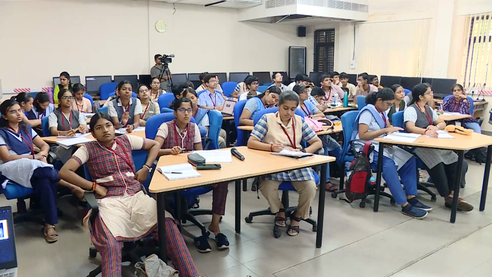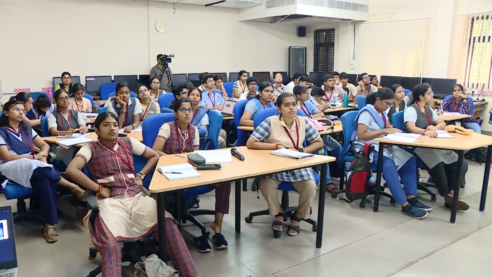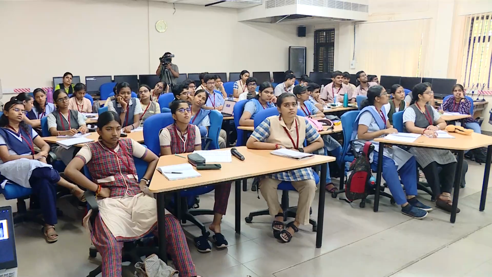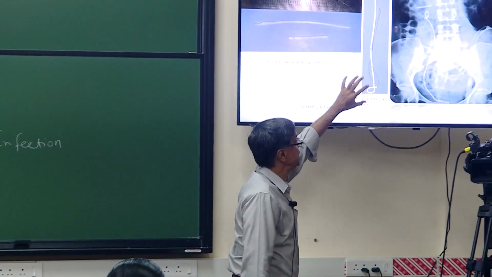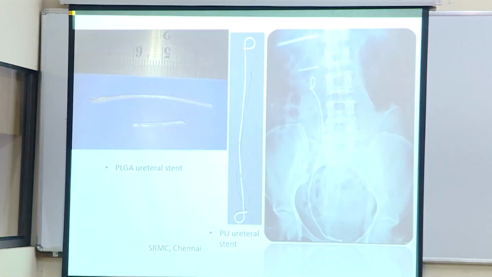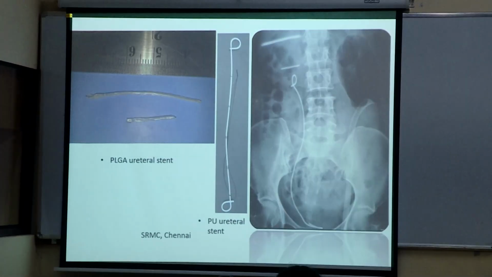These are called urethral stents. You have the bladder and the kidney, and the urine flows down through a portion called the ureter, and then it comes out.